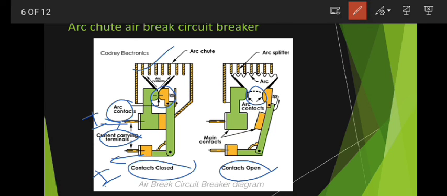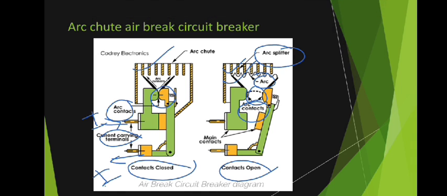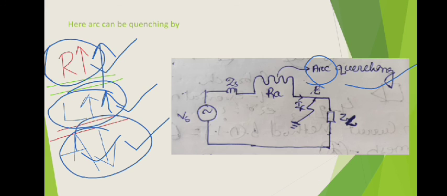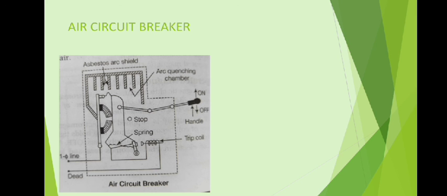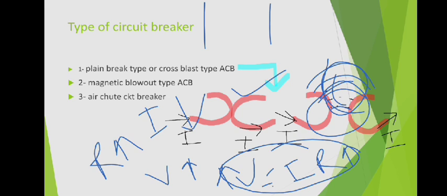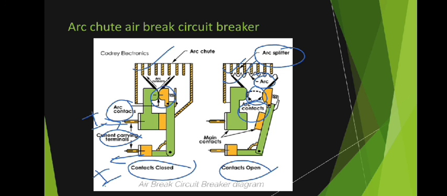Here it is open, the arc contact, and the arc will be expelled here, and arc splitters are provided here. Those arc splitters are made up of, I think, as I have mentioned here, asbestos arc shielded type arc splitter.